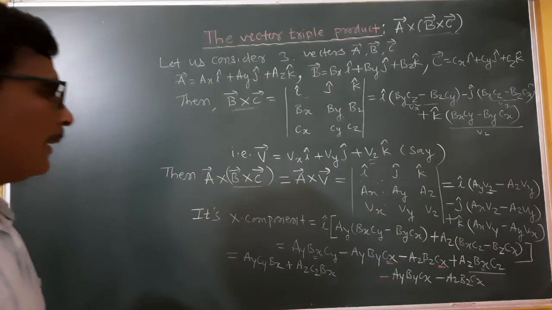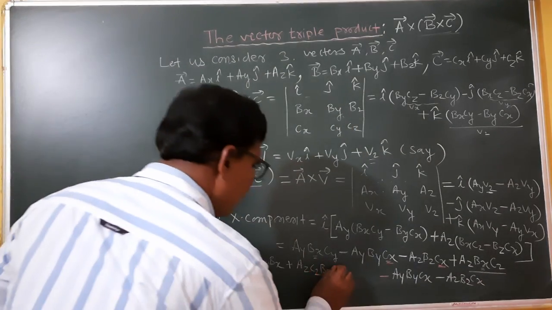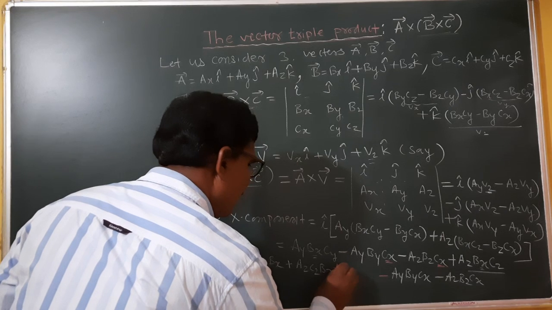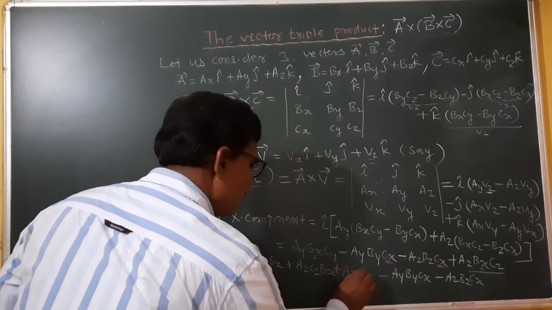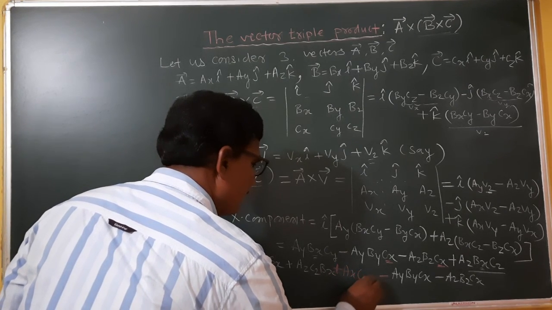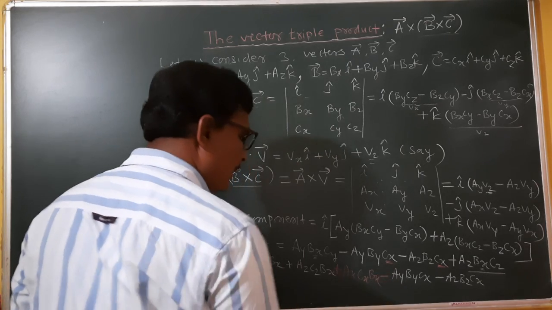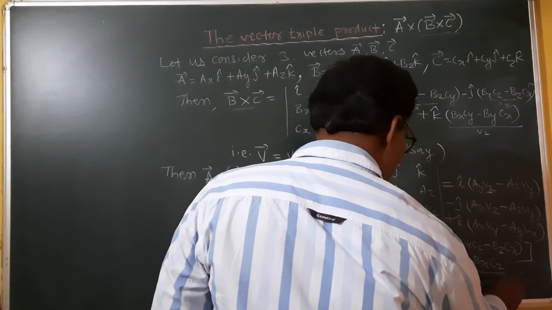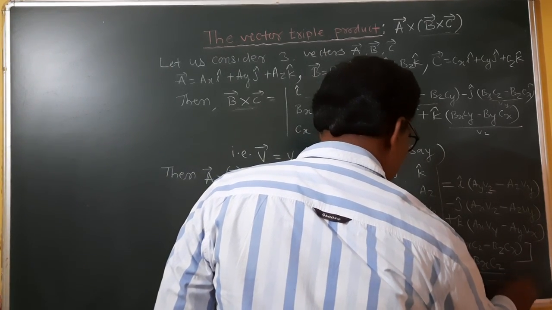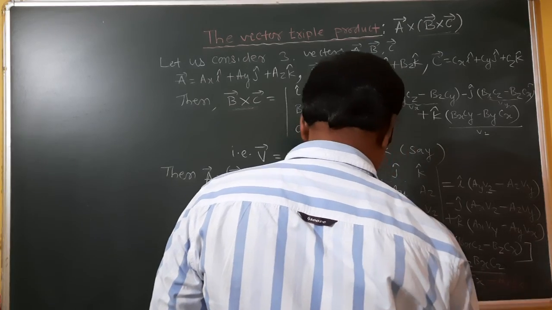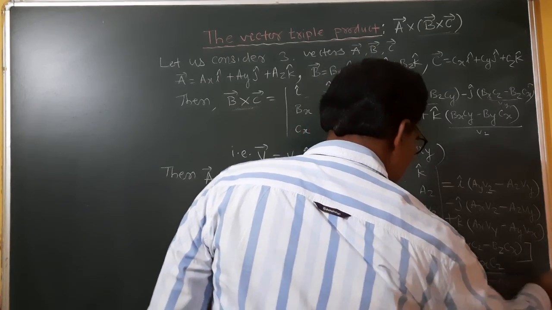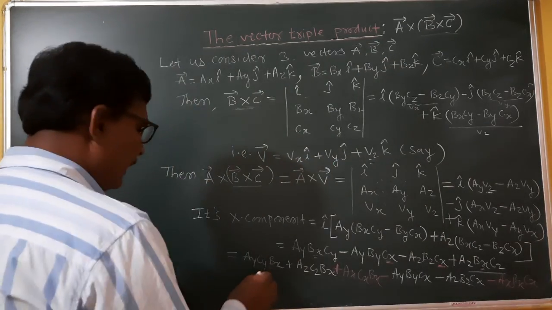Now adding one term and subtracting one term. Adding Ax Cx Dx, subtracting Ax Bx Cx. Now what is the common factor here?